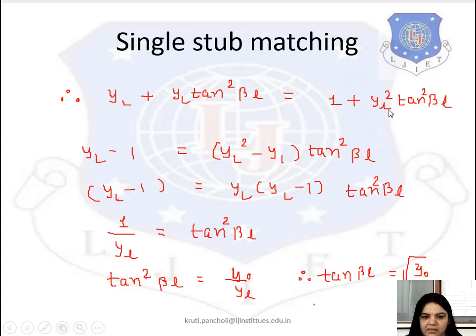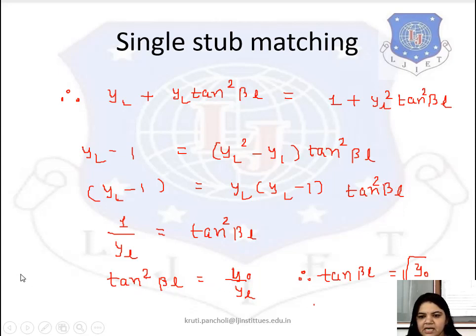So it is YL - 1 = (YL² - YL) tan² βL. So YL - 1 = YL (YL - 1) tan² βL. So 1/YL = tan² βL. Therefore tan² βL = Y0/YL.